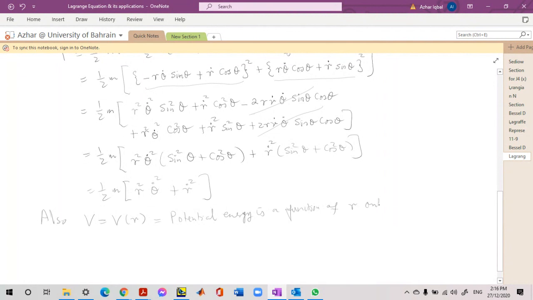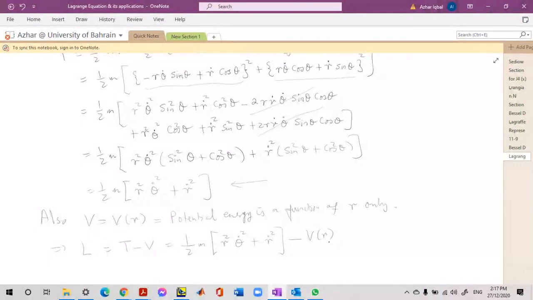And now if you look at the Lagrangian as we defined, it was T minus V. So T is half m r square theta dot square plus r dot square, this is from just above, and then there is a minus V of r. So this is the Lagrangian of the particle moving under the central force.